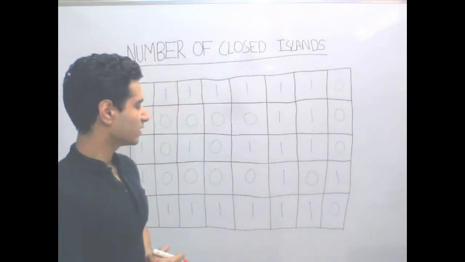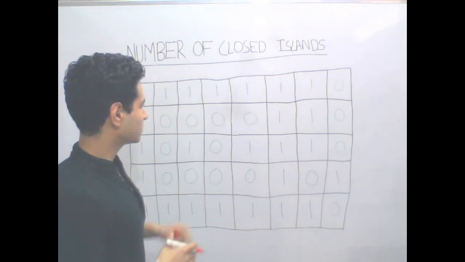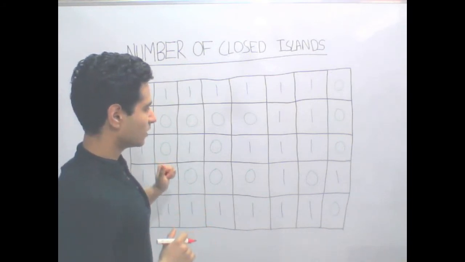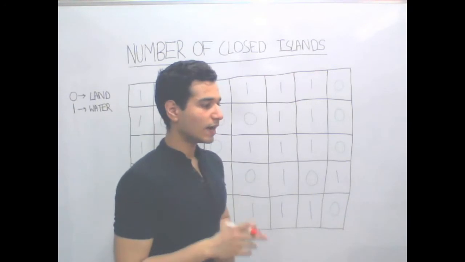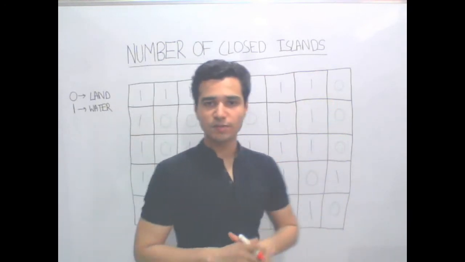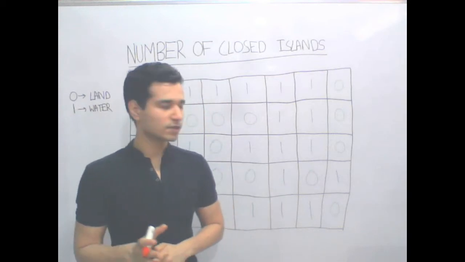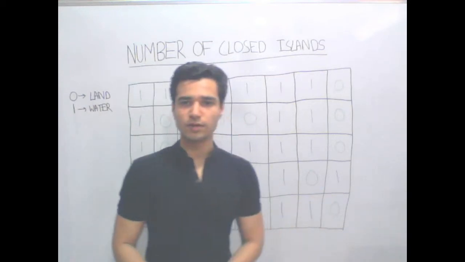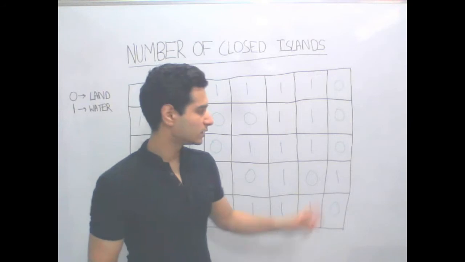But what we can do is just see that any land that is on the edges would not be able to be a closed island because it is definitely not surrounded by water on its edges.